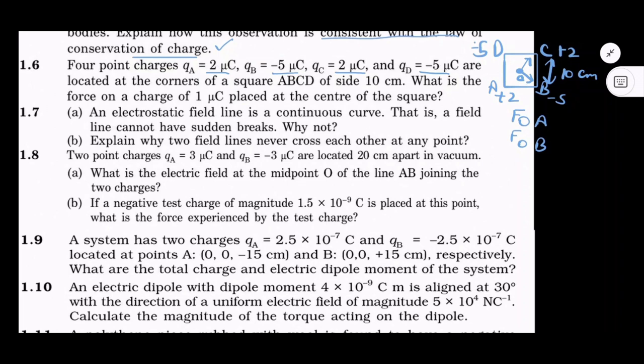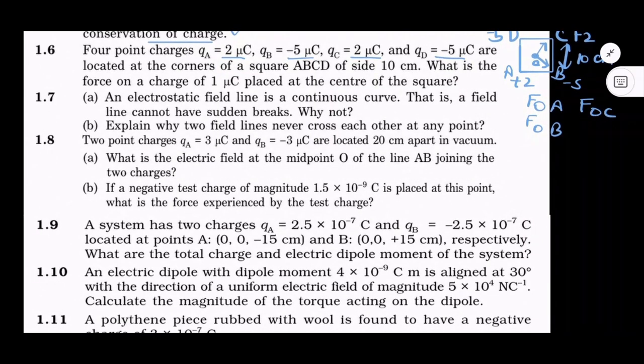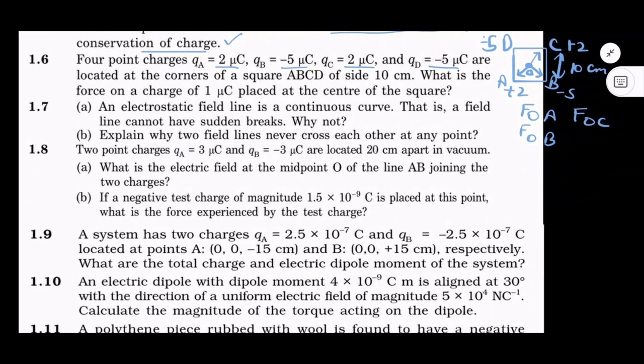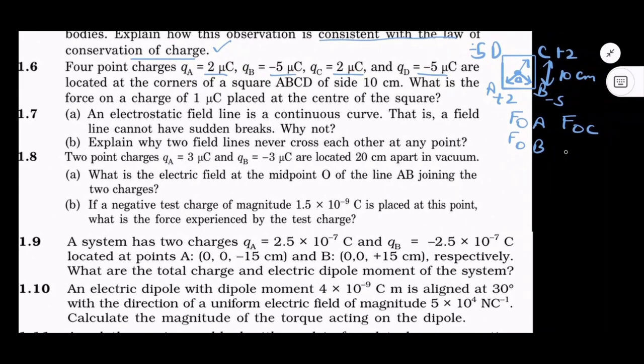Then the force on O due to C will be away from it, right? And then the force on O due to D. Since it has a negative sign, the force will be towards it, that is, attractive in nature.